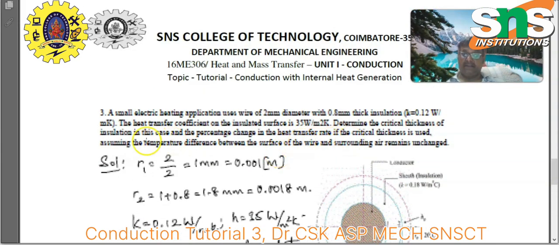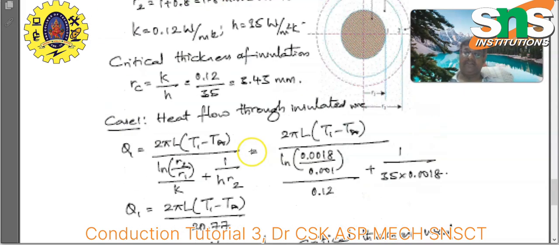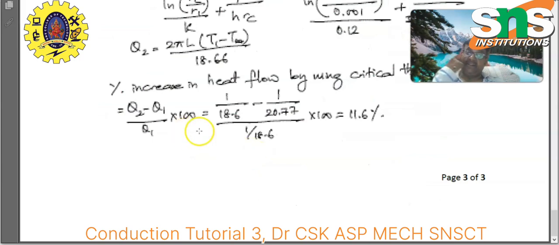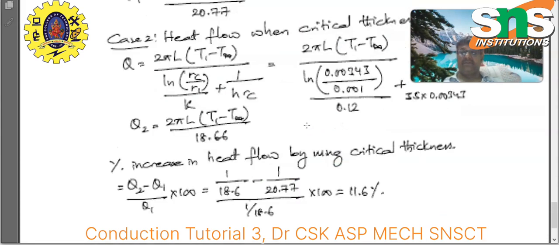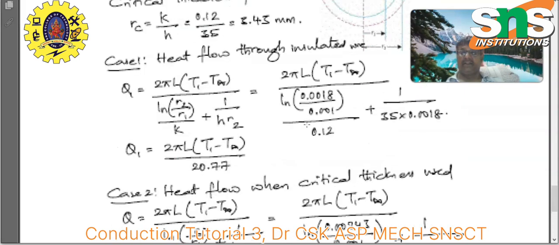And the percentage of change in heat transfer is 11.6 percent, which is nothing but the percentage of change when we are using the critical thickness and when we are using the given insulation thickness.